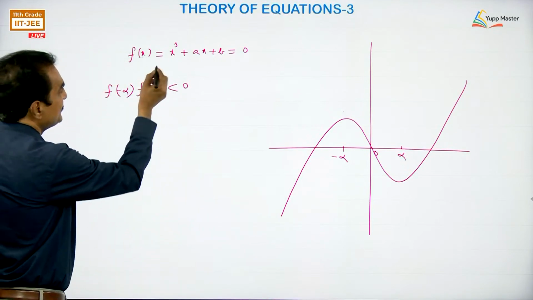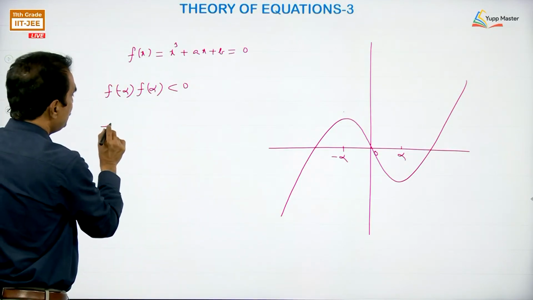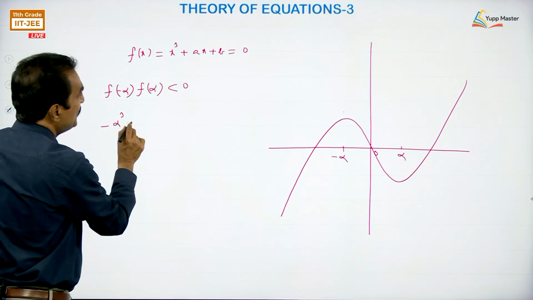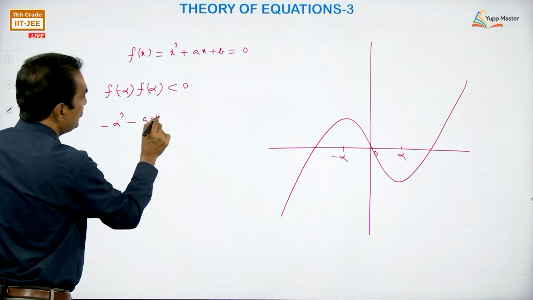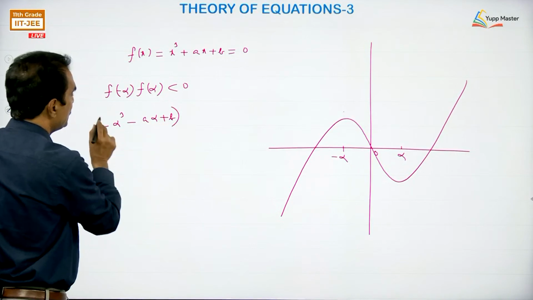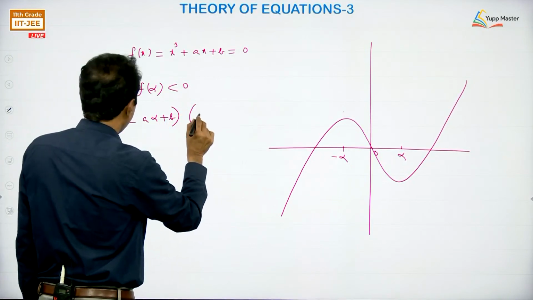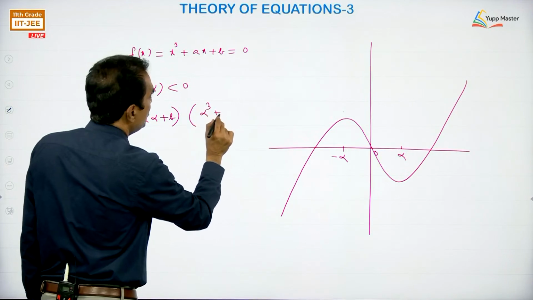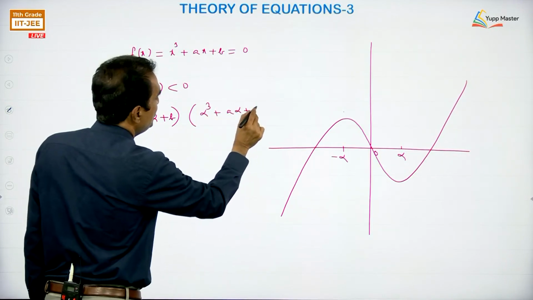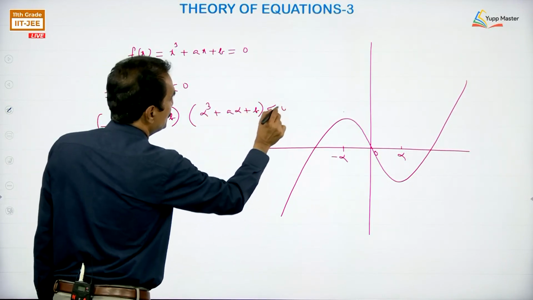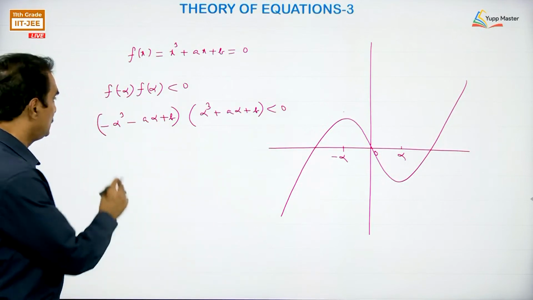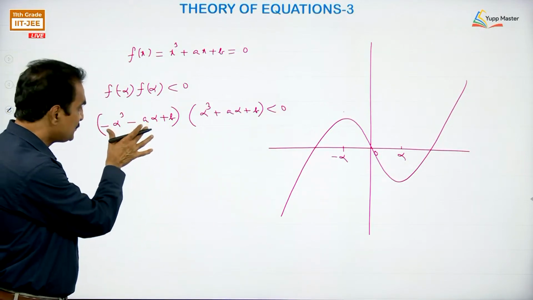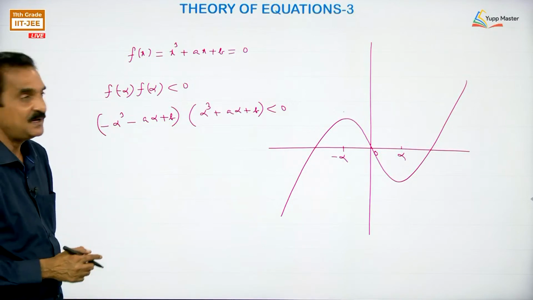For this case, let us simplify this. f of minus alpha is minus alpha cube minus a alpha plus b, into f of alpha, which is alpha cube plus a alpha plus b, less than 0. Multiplying these two, see these two are in the form of a plus b into a minus b.